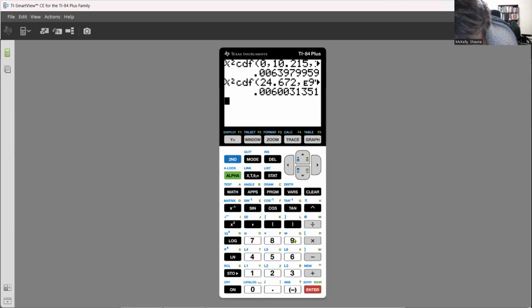So that is 0.0060. Remember, I have to multiply that by 2, which I'm going to do after the fact. So I'm going to multiply this number by 2, and say that my final answer is 0.0120.